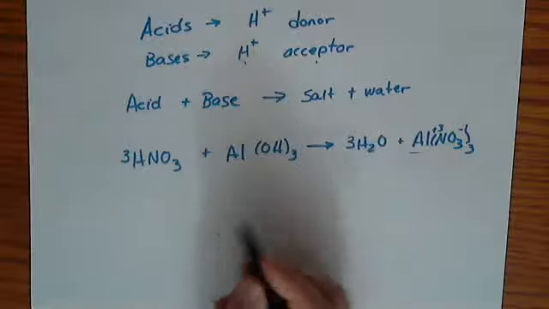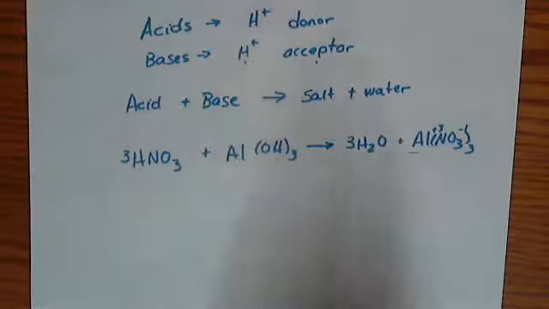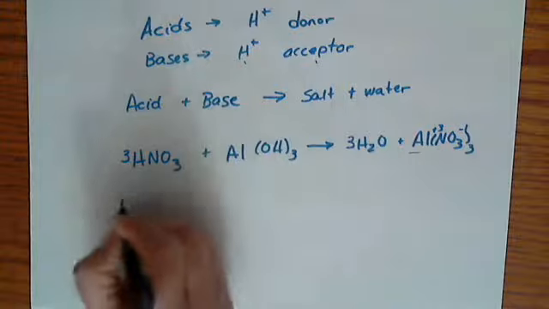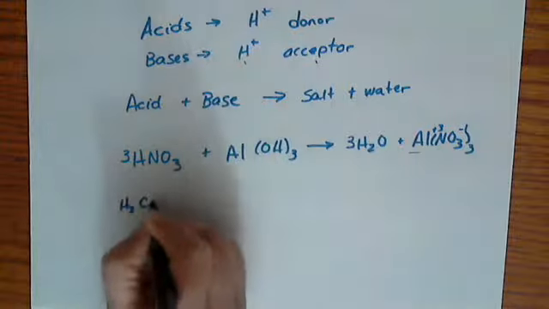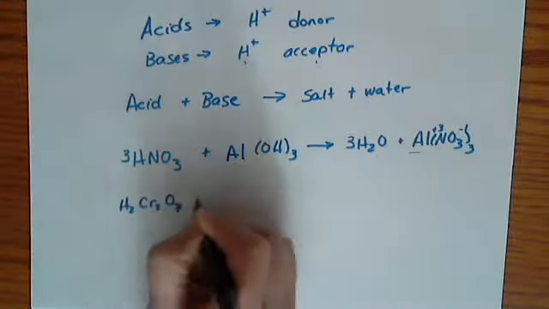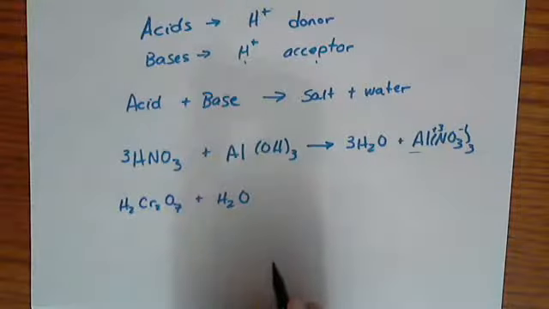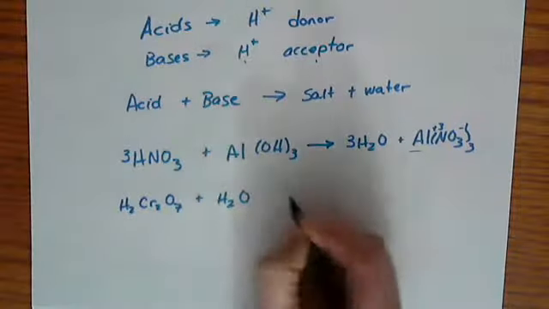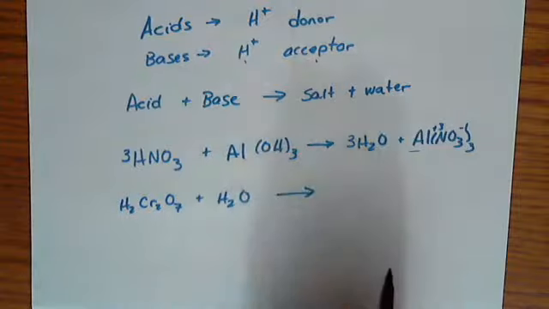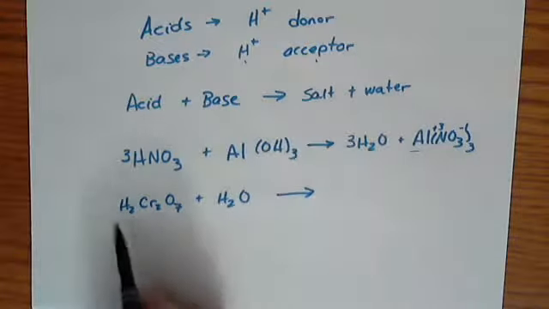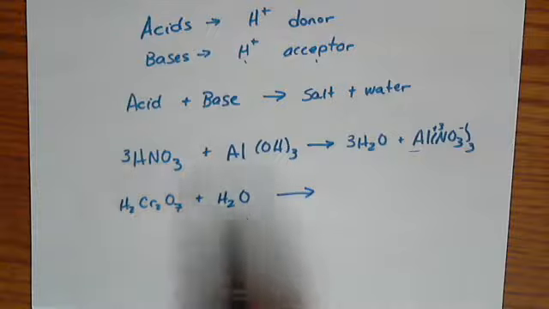For example, I'm going to do H2Cr2O7 plus water. Okay. Again, we have to think about what's going to be our acid and what's going to be our base. Is this going to be our acid, or is this going to be our acid?